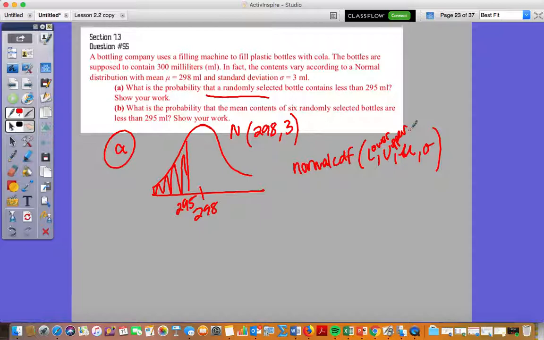That's appropriate. Then I'm going to plug this in: normalcdf, negative 99999, then 295, 298, comma 3. That was appropriate. And when I do that, we are approximately what?